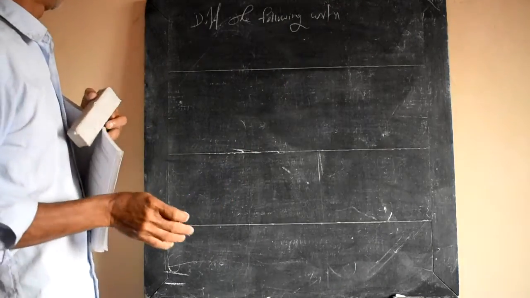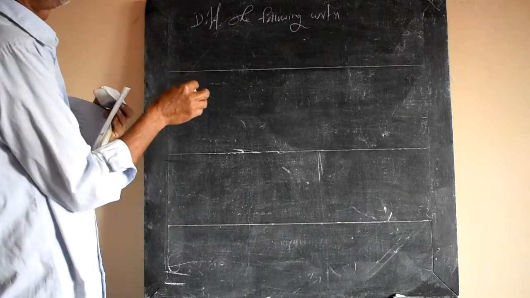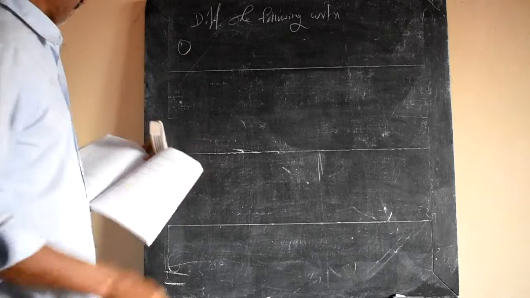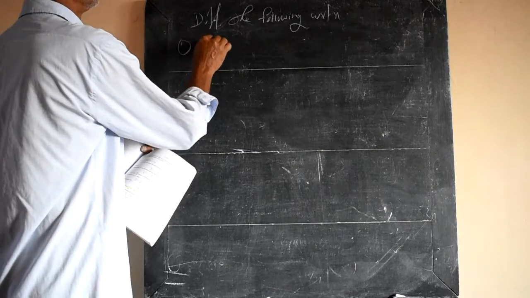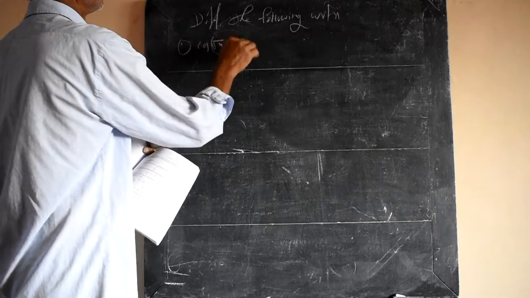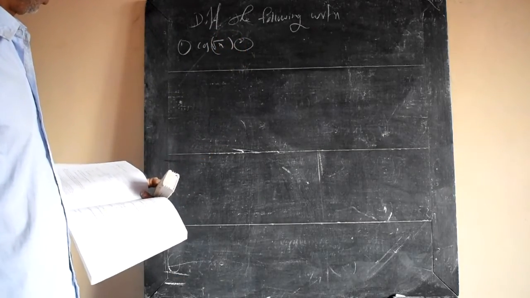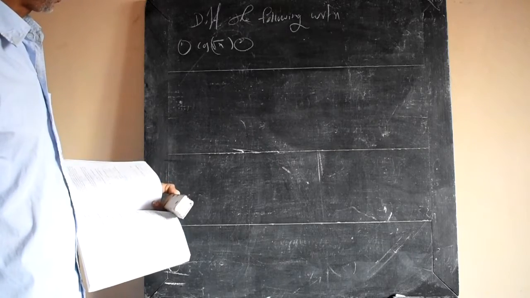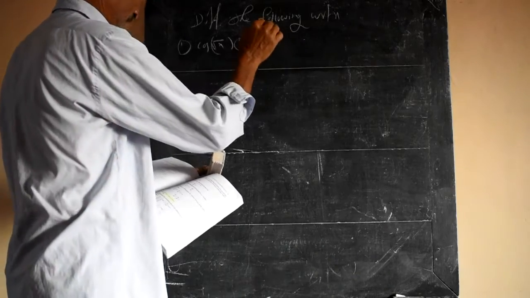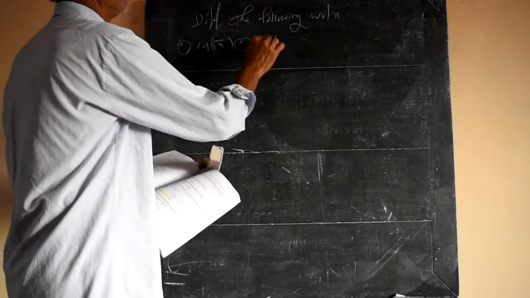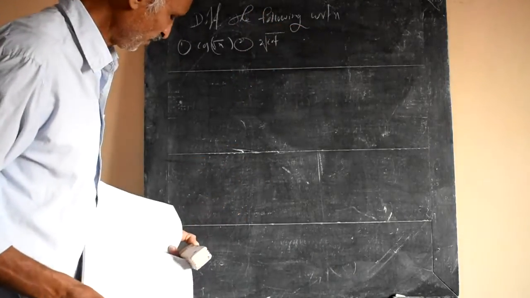WRT means with respect to x. First one, it is cos root x. And the second one, 2 into square root of cot x square.